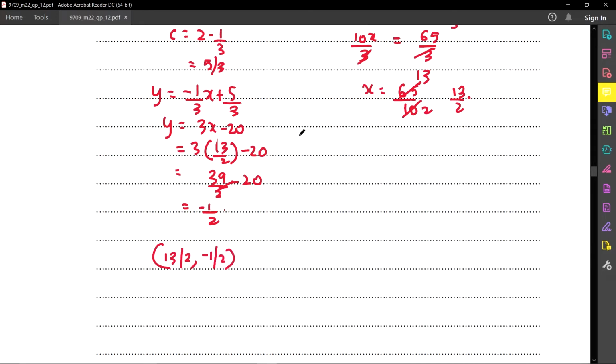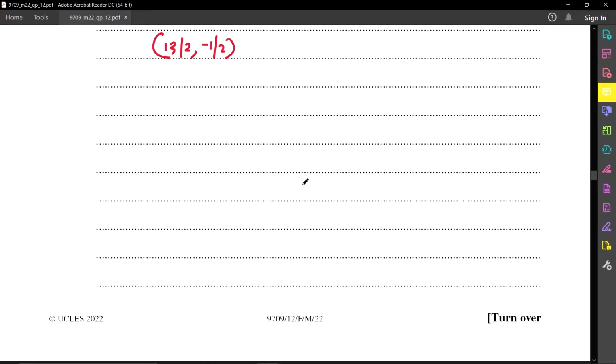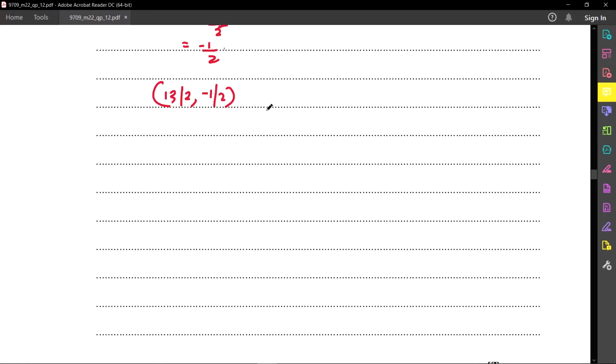So now we have the center C, which is minus 1, comma 2. We can find the distance. So the distance D is, 13 by 2, x2 minus x1.